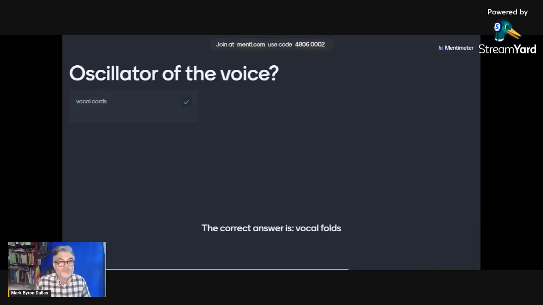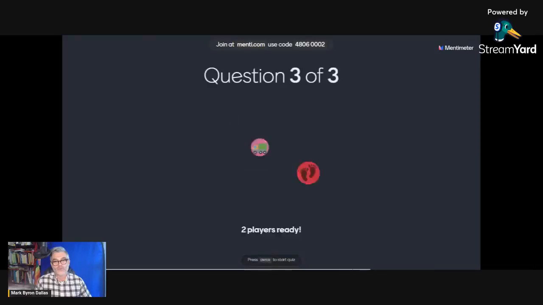There we go. We have an answer, and it is a correct one. It's not an entirely accurate one, but that's okay. And the reason for that is that they're actually called vocal folds because they're not string-like things. They're not really chords at all, right?